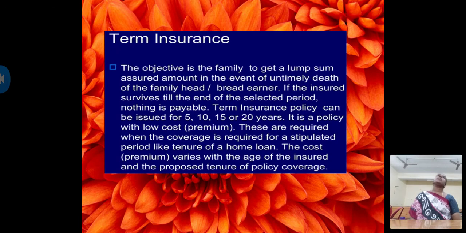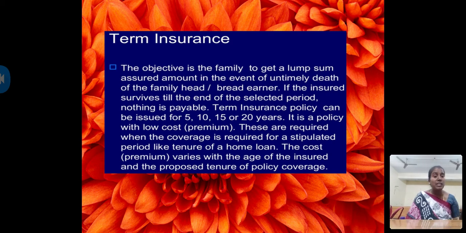Next, in term insurance, he explained in detail once again that the objective is for the family to get a lump sum assured amount in the event of the death of the family head, the bread earner. If the insured survives till the end of the selected period, nothing is payable. Term insurance policy can be issued for 5 years, 10 years, 15 years or 20 years.